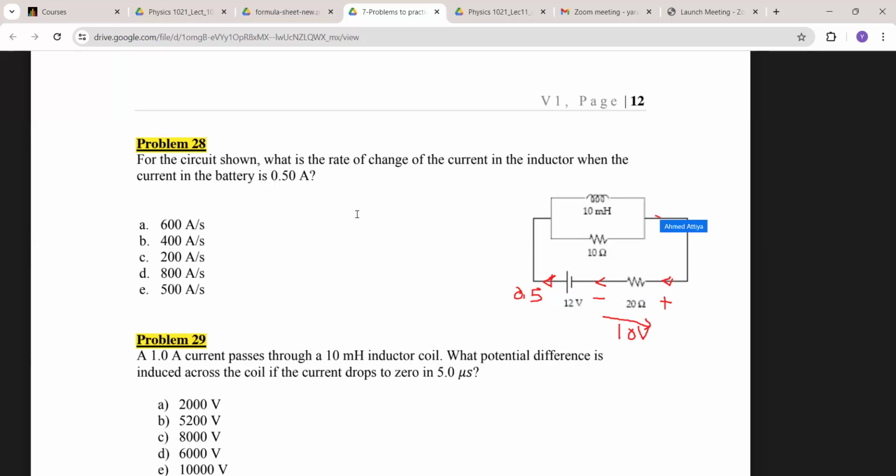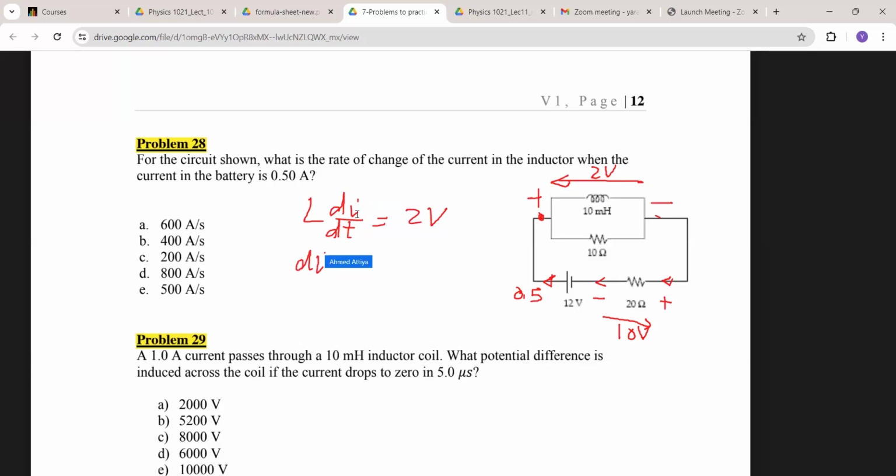So the potential here is 2. If the potential here is 2, then L dI by dt is 2 volts, and the value of L is 10 millihenry.